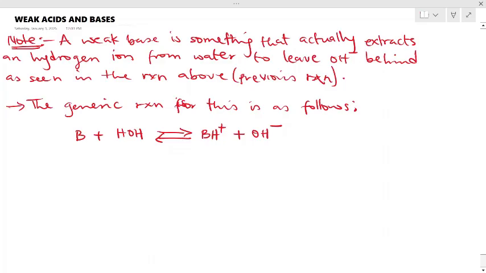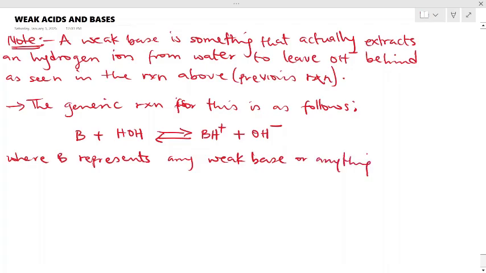So here, B represents any weak base, or anything that behaves like a weak base.